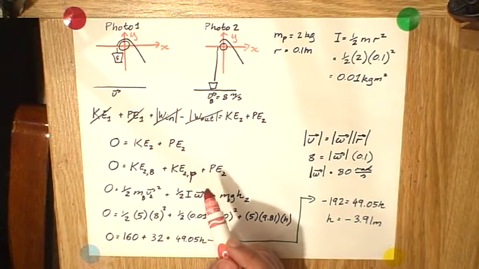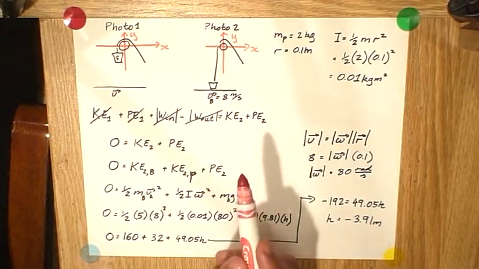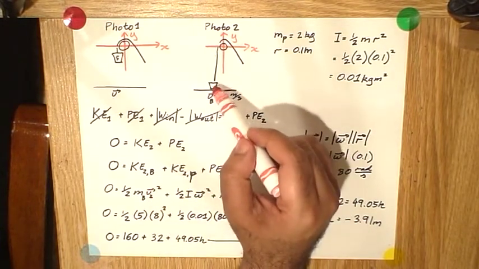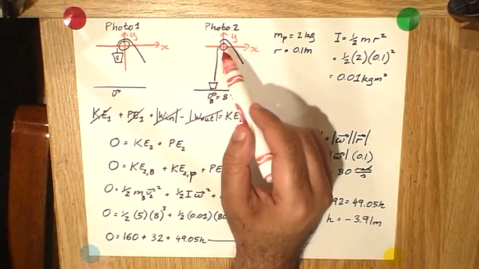The other thing that was important is in photo 2, there are two different types of kinetic energy. One kinetic energy coming from the linear motion of the bucket, and a second kinetic energy coming from the rotational motion of the wheel.